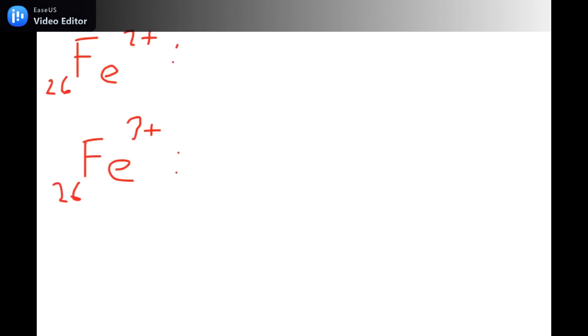Now, ions of transition elements. I'll give one example of iron. For example, iron 2 plus and iron 3 plus ions. Iron's atomic number is 26. So if it has 2 plus charge, that means it has lost 2 electrons. So its electrons will be 24.